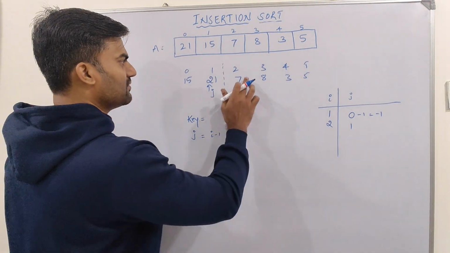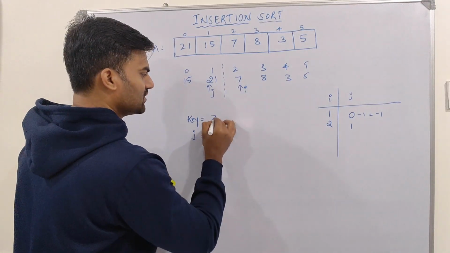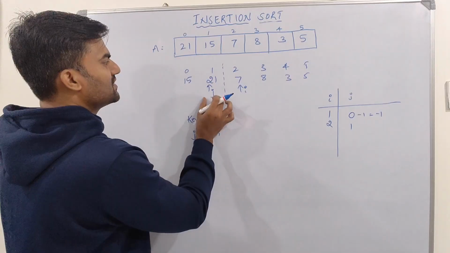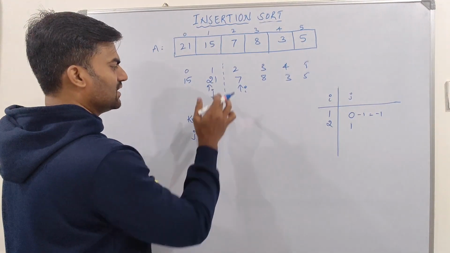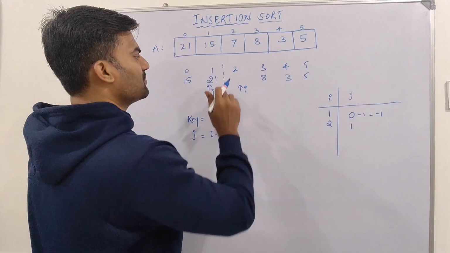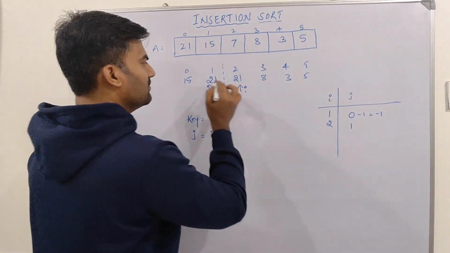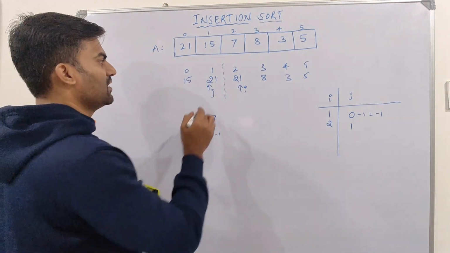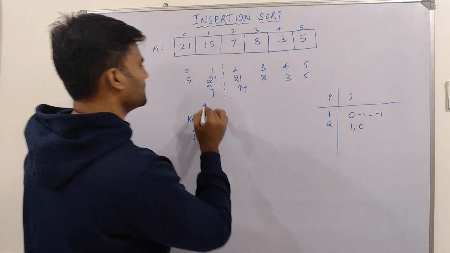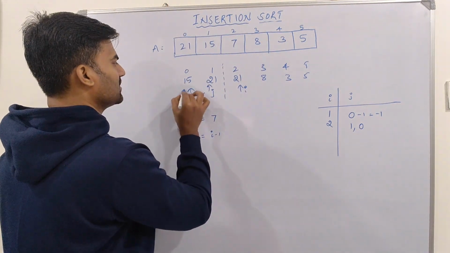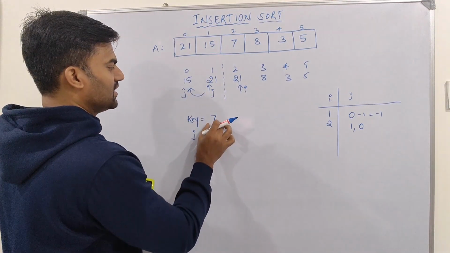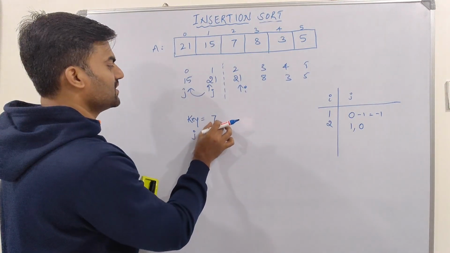My key gets updated with the value at i, so that is 7. Now I will check this value. So 21, it is greater than 7. So I will simply replace the j plus 1th element with the element at j. Now I will decrement. Decrement means now it goes to 0. So j points here now. Now again I will check with the key value, which is 7.